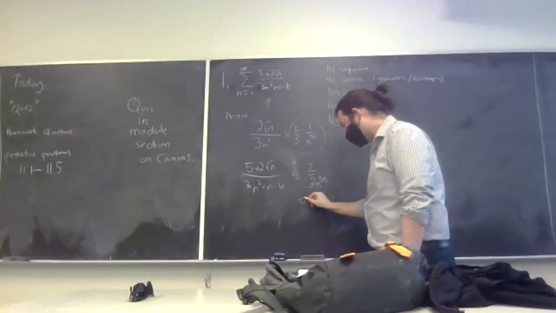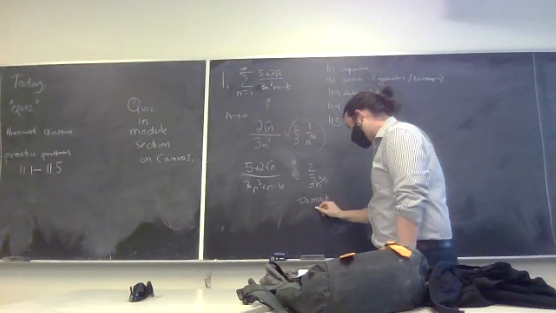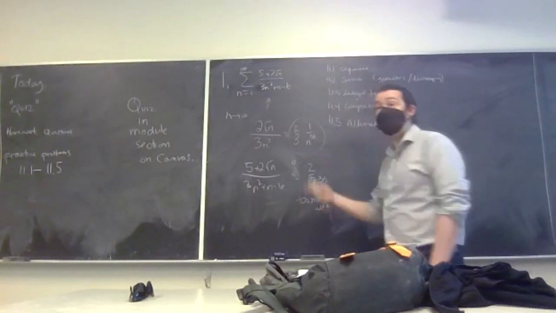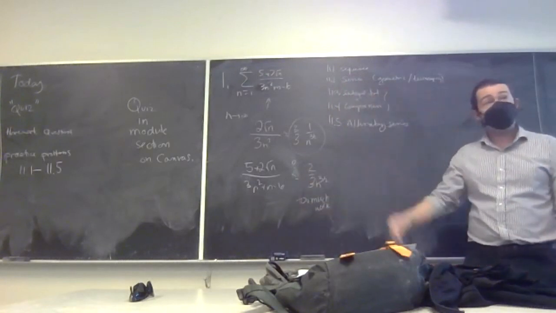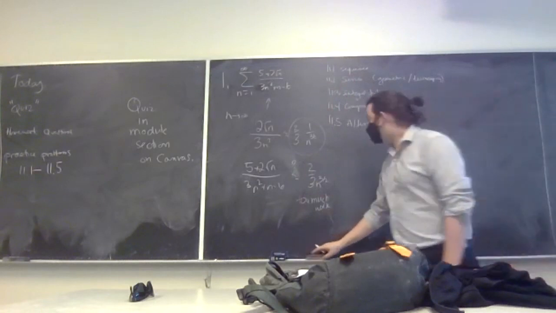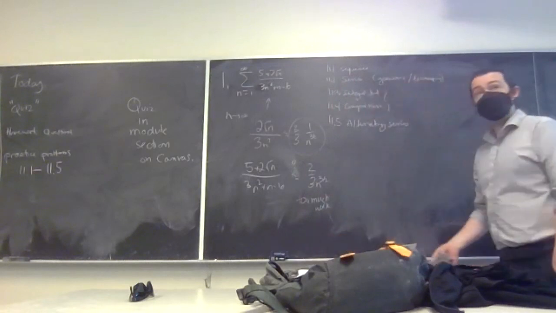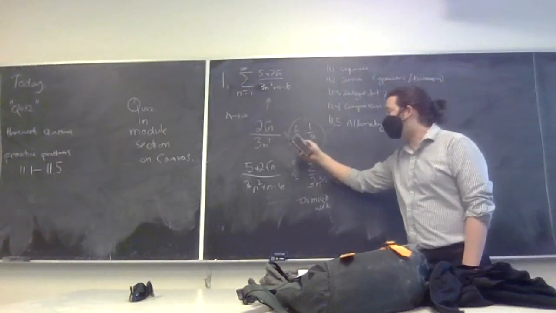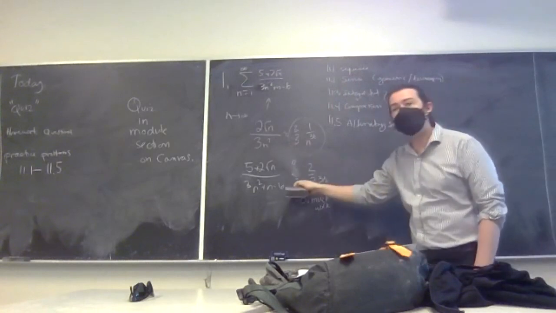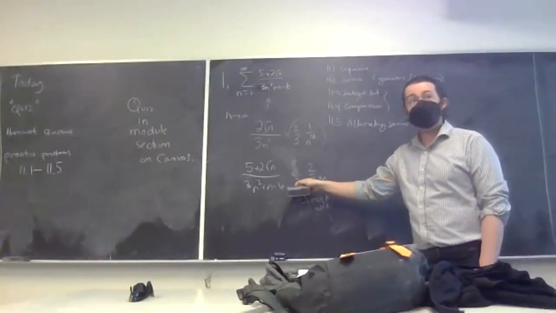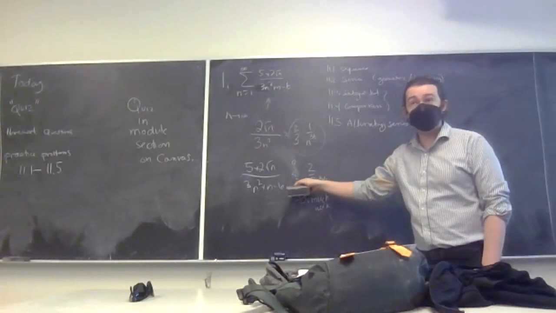Too much work. And it just might be false. Might be a false statement. So instead, what we're going to do is use the limit comparison test, because when I find something to compare to and I don't get an obvious inequality, I should use the limit comparison test instead.